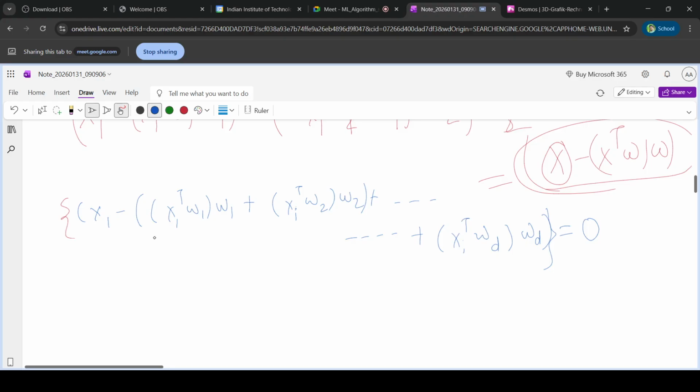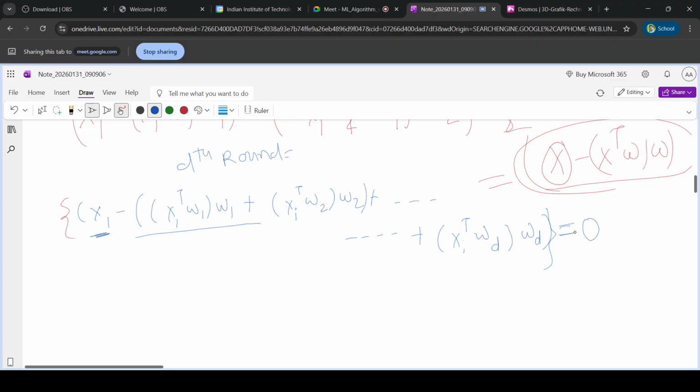If I do it like this, at the last moment, this is the starting point, this is the residual. At the Dth round I get 0, because the residual becomes 0, nothing is remaining.